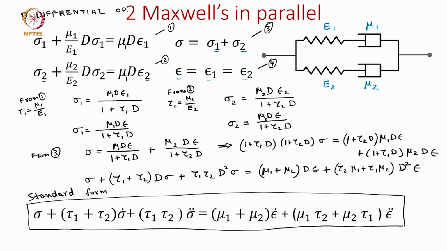But overall what we have shown you is an approach by which one should be able to develop this differential equation for two Maxwells in parallel. But one thing to notice is the differential equation is not simple anymore the way we have seen for a Maxwell model or a Kelvin model, because now we are also looking at the second derivatives of stress and the second derivative of strain, which was absent earlier when we were only looking at Maxwell or Kelvin.